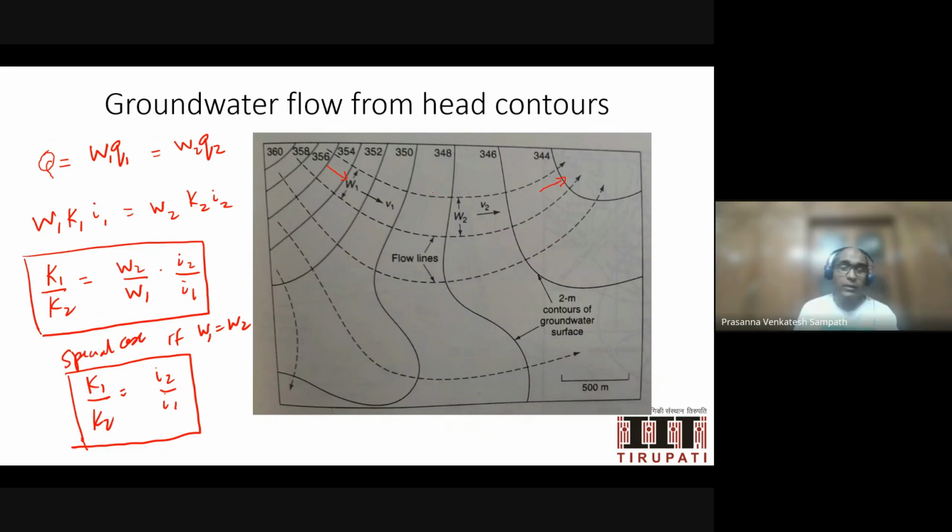So I1 will be the difference between, let's say, 352 and 350, that's 2, divided by the distance between the 352 and the 350 contour. Let us say that distance is some distance ds1. Then for I2, the gradient in region 2, 348 minus 346, the numerator is the same, 2 meters. But the distance between 348 and 346 is larger than the distance between 354 and 352.